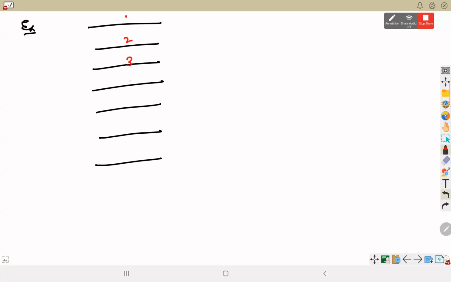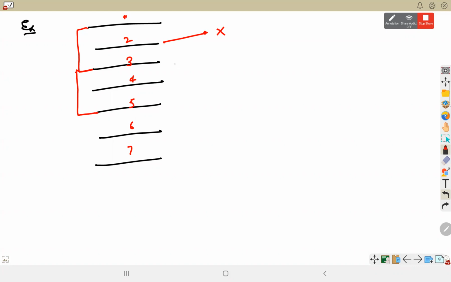So suppose there are these 7 plates. Two is connected to X. 1 is connected to 3, is connected to 5.